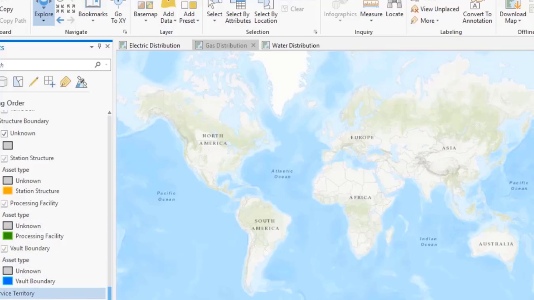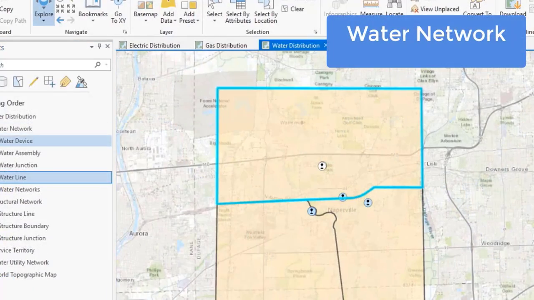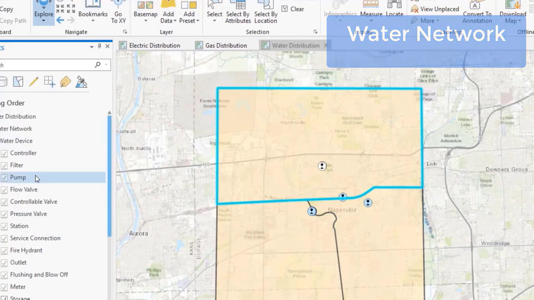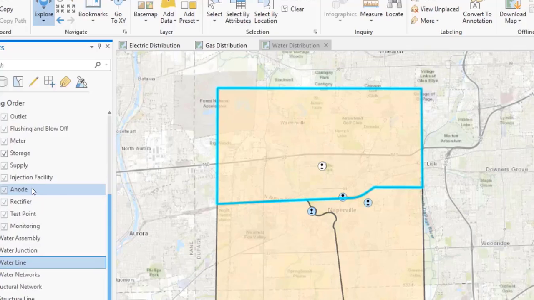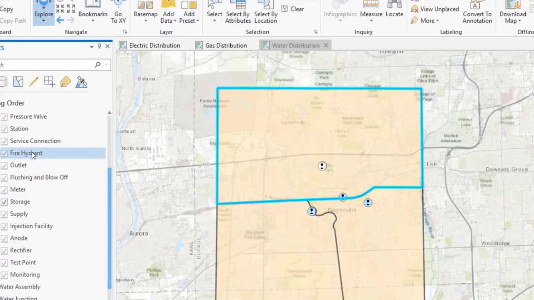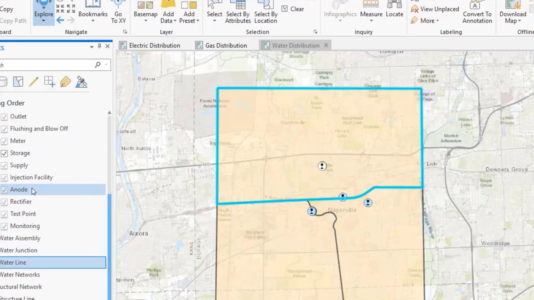So in the water network, we have devices, assemblies, junctions, lines, and networks, just like we have in the gas. So devices can be filters or pumps or things that modify flow. Notice fire hydrants is a consumer point. Blow-off valves, meters, storage.